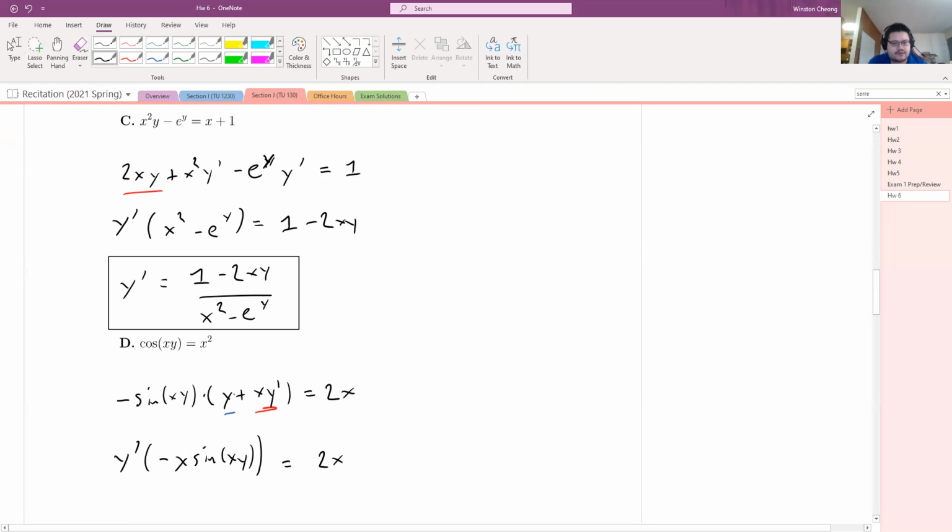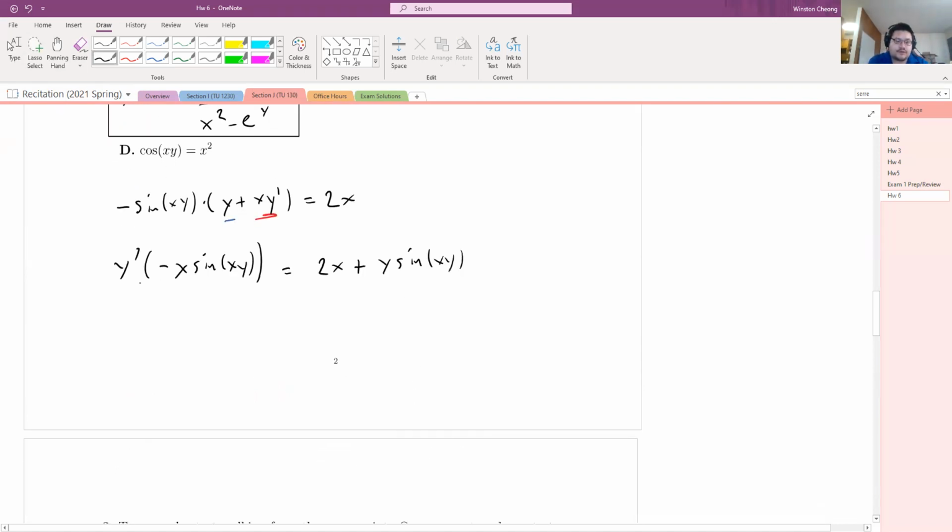And then when I distribute, I'm going to get something negative, so then I need to add. So we're going to have a plus, and then this will be a y sine xy. We're still solving. We just now divide this over. So we get 2x plus y sine xy all over x sine xy. Okay, there we go. And so that's our answer.